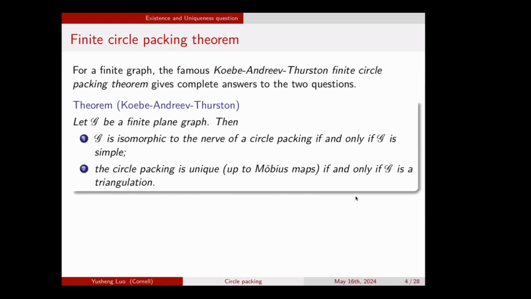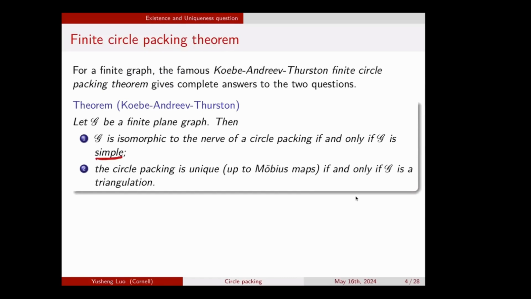For a finite graph, the Koebe-Andreev-Thurston theorem essentially says that this graph is isomorphic to the nerve of a circle packing if and only if it is simple.